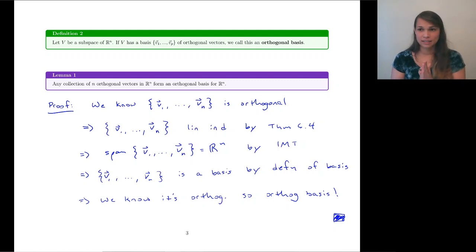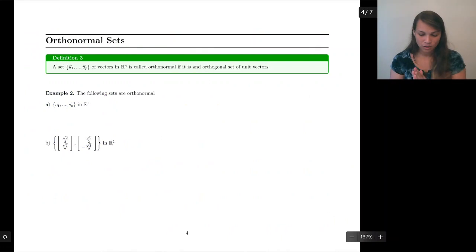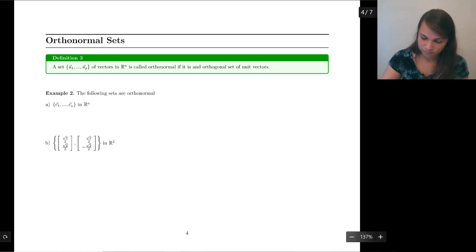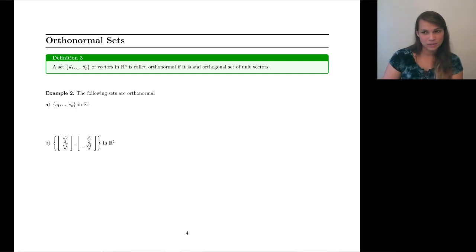Okay, that brings us to the next thing. Remember I said stuff about normalizing a vector. That meant we're going to take a vector and normalize it so that it'll have length 1. Now we're going to get a little bit more specific than orthogonal.